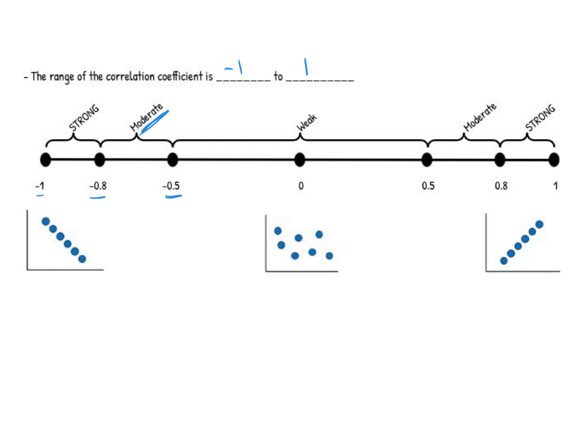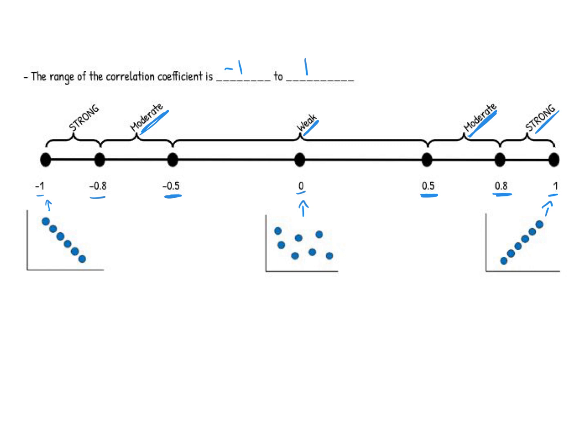Anything between -0.5 and +0.5, including 0, is going to be weak. This is where you're going to see a lot of your no correlations. From 0.5 to 0.8, you have that positive moderate, and from 0.8 to 1, you have that strong positive. So here's some examples of strongly negative, strongly positive, weak.